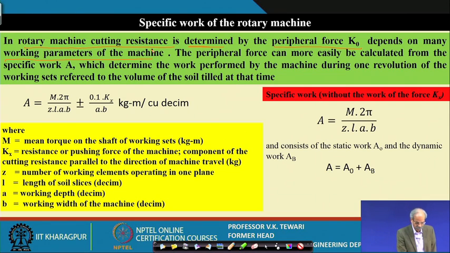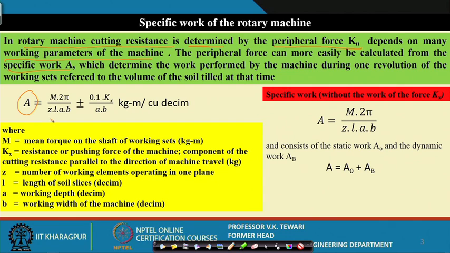Now, A here is the specific work. What we want is, we must know the total quantity of work, that is, how much soil volume it will handle, because that will be the basis for design, because that is the load which the implement or the power source is going to handle. So, we must have an idea about the amount of work that it will handle.